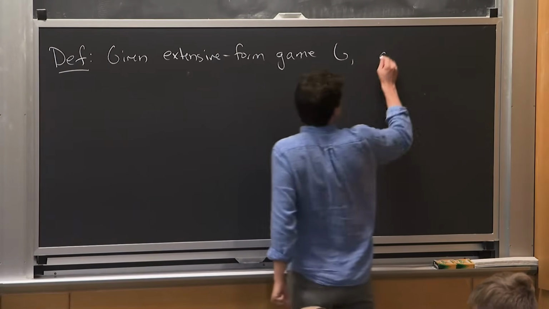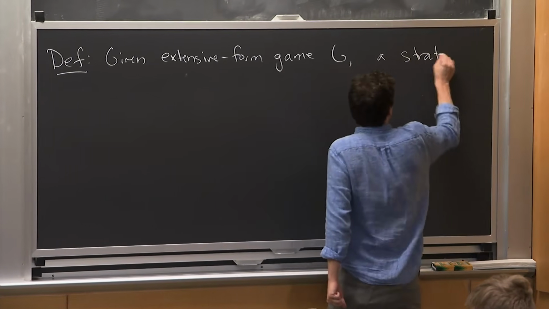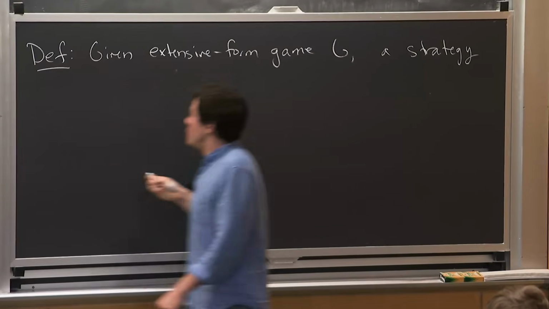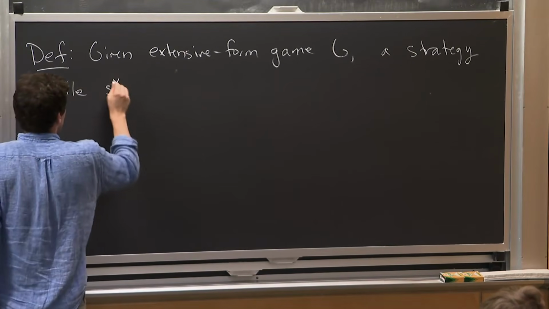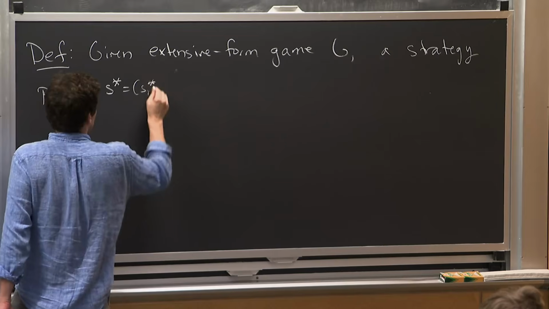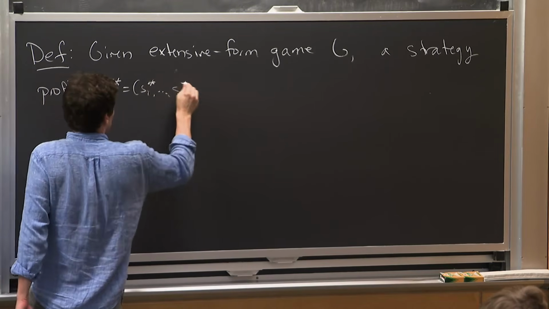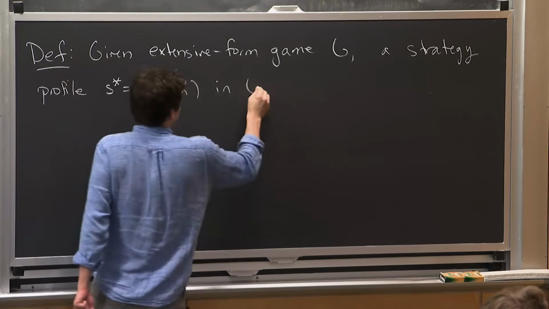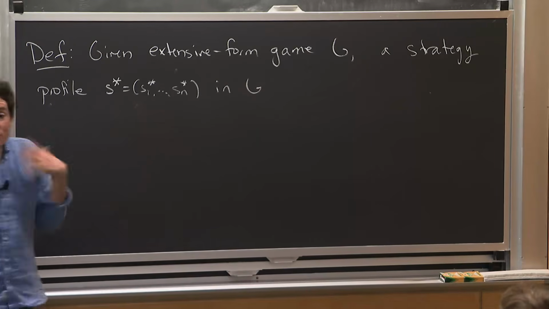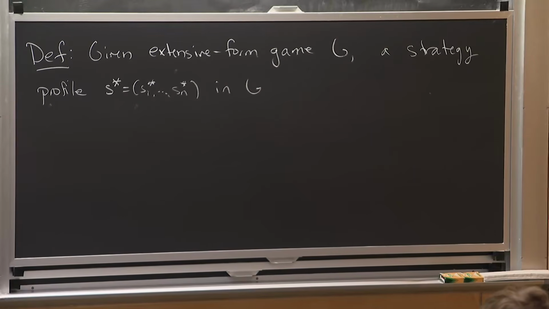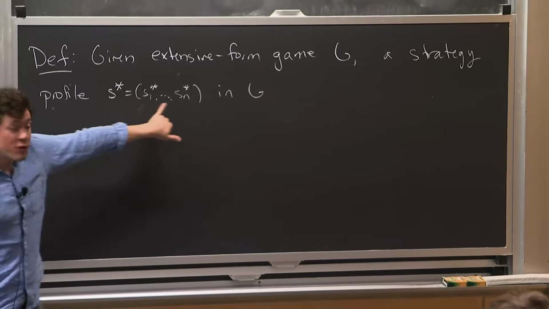And we're given an extensive form game. We say that a strategy profile S star, so what we're interested in is a strategy profile in G. Let's remember what a strategy profile is. It specifies a strategy for every player.